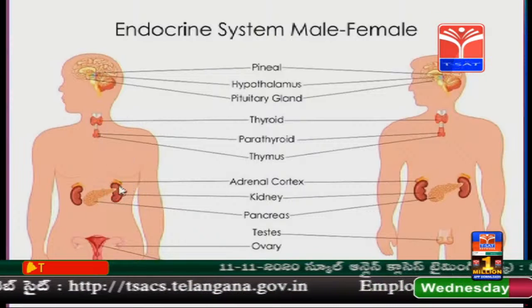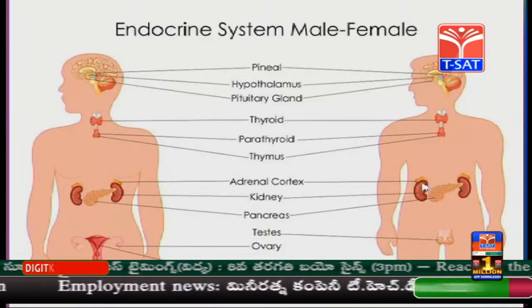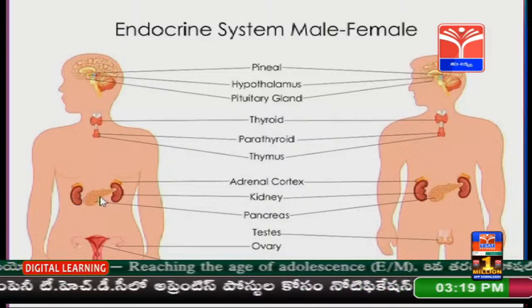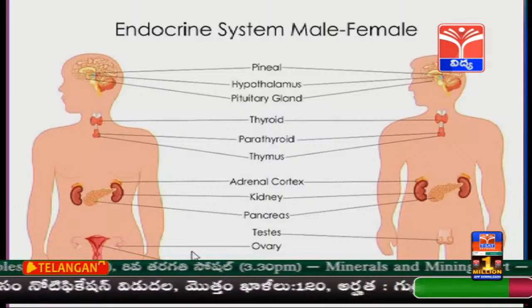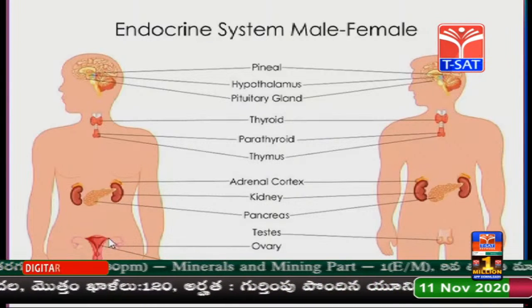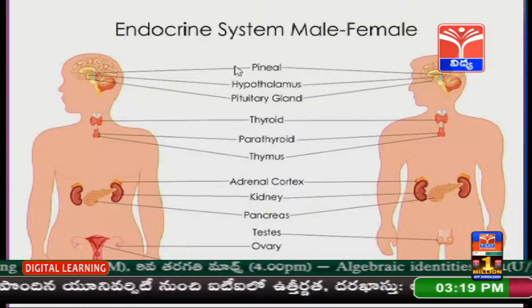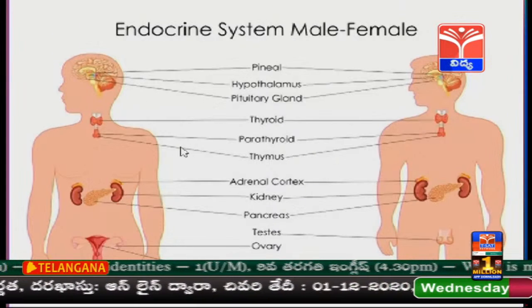We have the adrenal gland above the kidneys like a crown on the kidneys. We have the pancreas near the stomach, and testes in the male and 2 ovaries in the females. So, these are all the different endocrine systems which play a very important role by secreting chemicals called hormones.